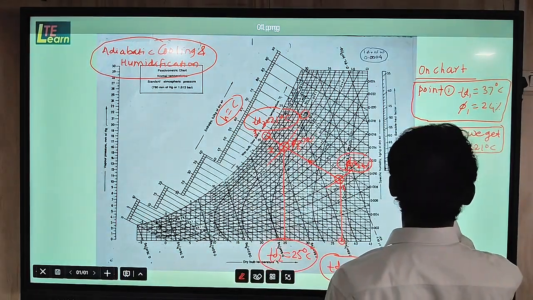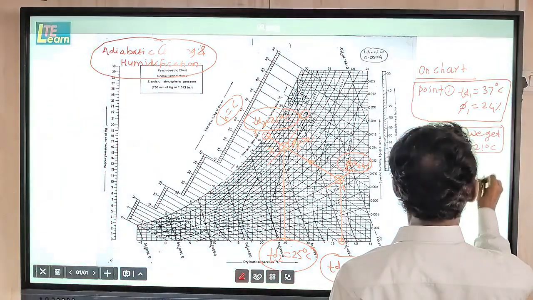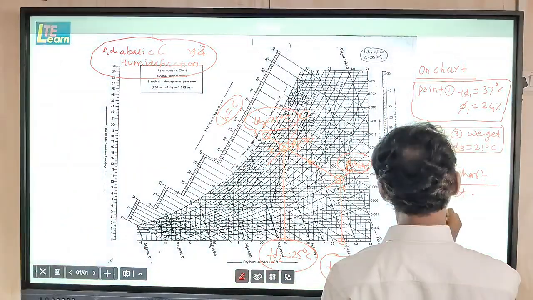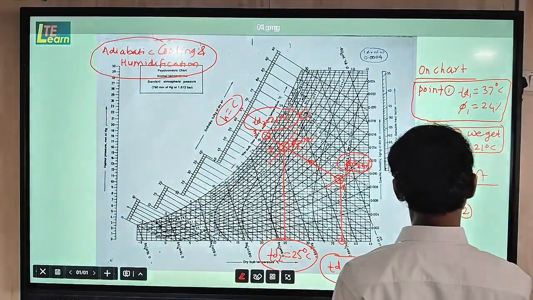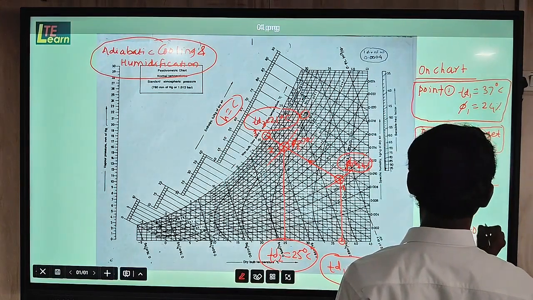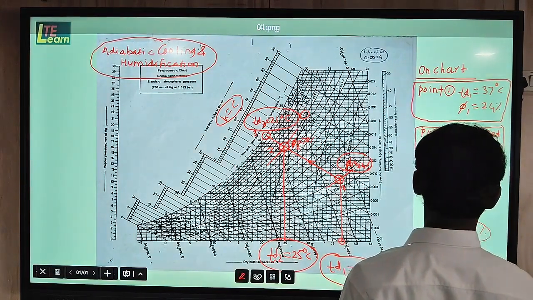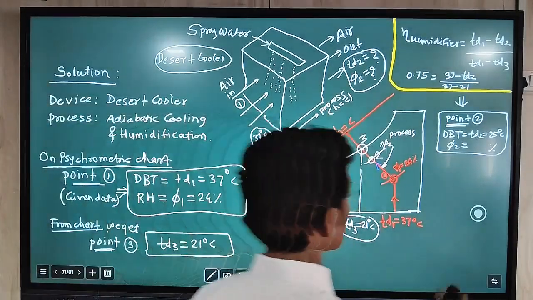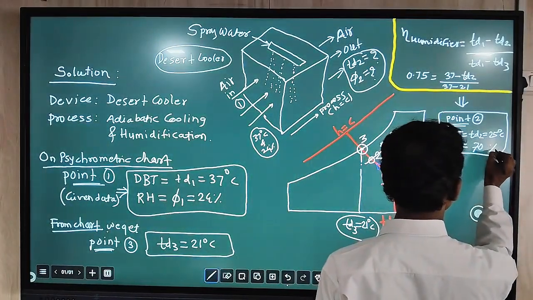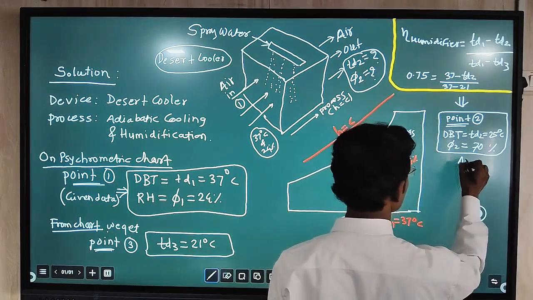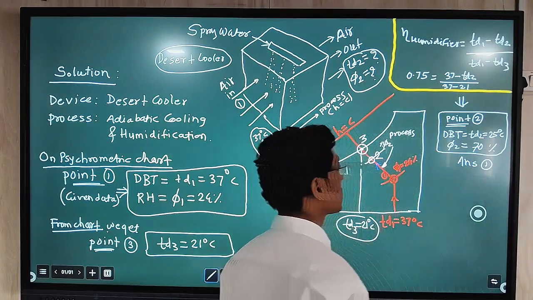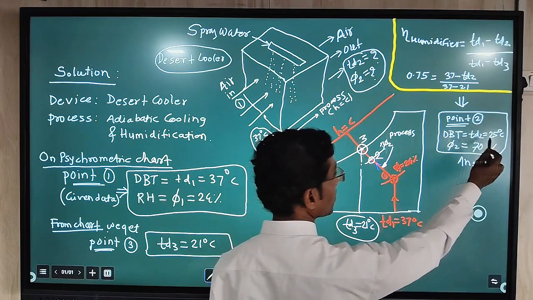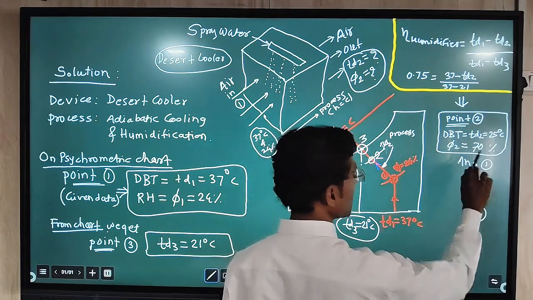So from the chart we get phi2, that is 70%. So this we have to mention in the answer. So here 70% RH. So we got this first answer, that is the condition of outlet air from the humidifier, DBT 25 degrees Celsius and relative humidity 70%.